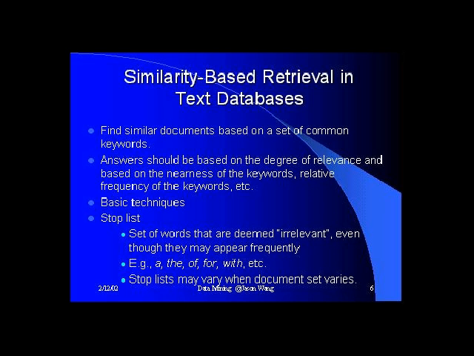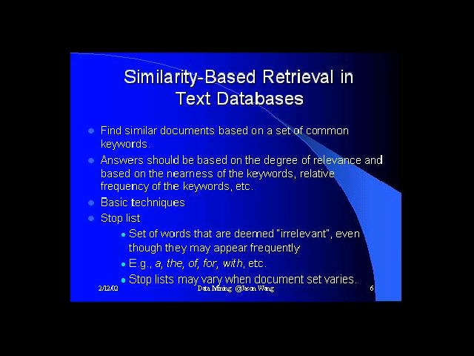So most IR people prefer similarity-based retrieval. We find similar documents based on a set of common keywords. For example, if this document has these 5 keywords, that document has exactly the same 5 keywords. This document talks about knowledge, and that document also talks about knowledge. So knowledge occurs in both documents. This document talks about mining, and that document also talks about mining.